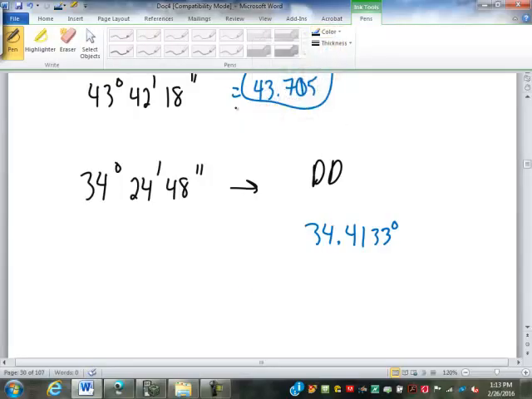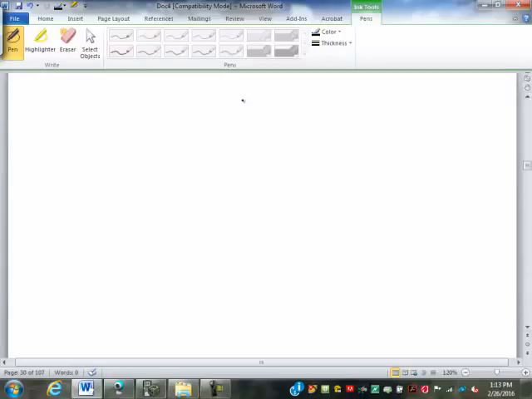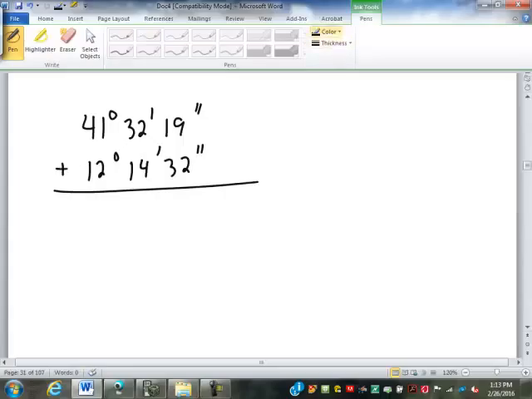Okay, now just like adding any other measurement, any other number, we start from the right, work our way back to the left.